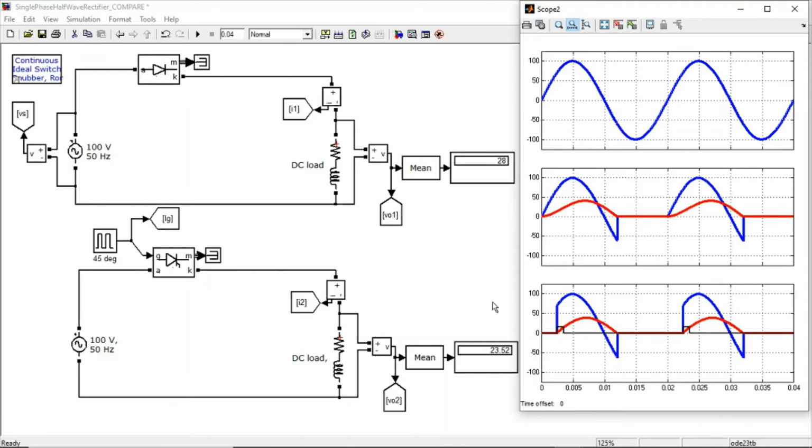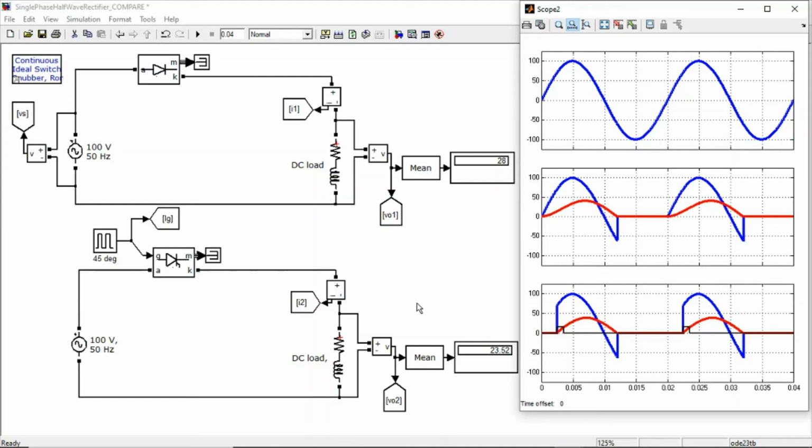However, when we compare the average output voltage, we can see that the control rectifier has lower voltage value than the uncontrolled rectifier. Moreover, in supplying the inductive loads, only the output voltage waveform is being chopped at the firing angle.